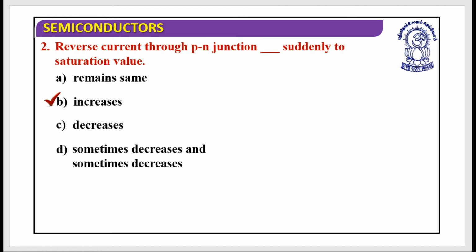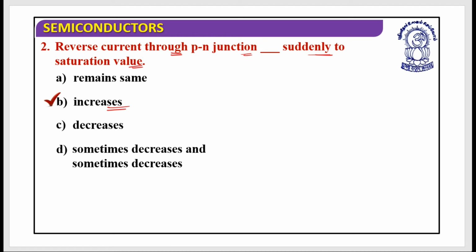Next question: reverse current through a PN junction blank suddenly to the saturation value. Yes, reverse current through a PN junction increases suddenly to the saturation value. I hope this is clear. Are you clear with this?